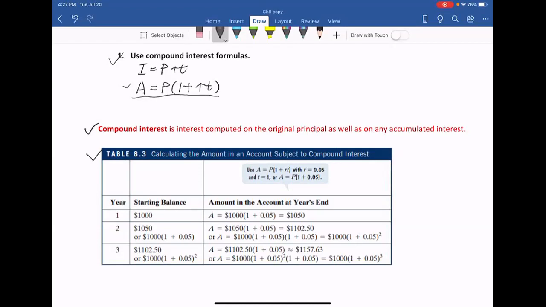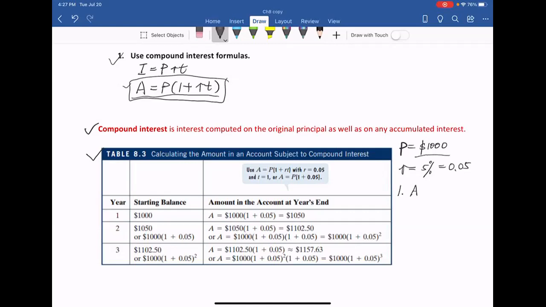In the table, we will see an example. For example, if you deposit P equals $1,000 to the bank, and the bank provides a rate of 5%, equals 0.05. That's the rate. So for the first year, if I still use the formula I learned from last class, at the beginning of the year your principal is $1,000.